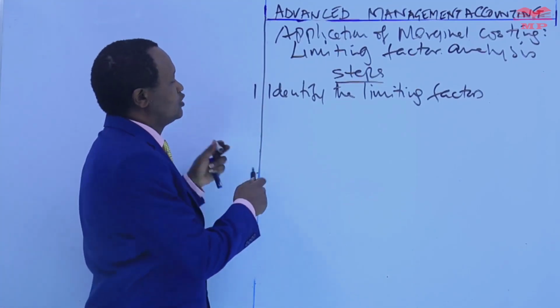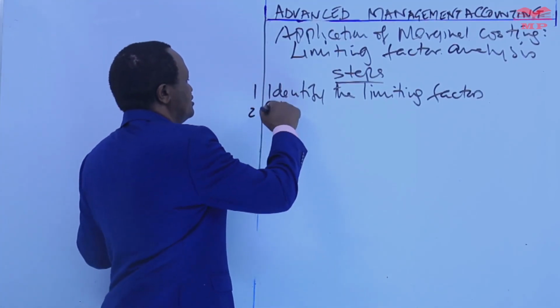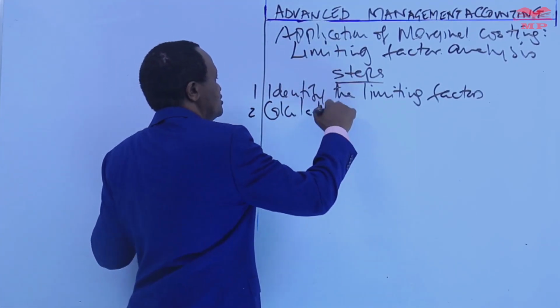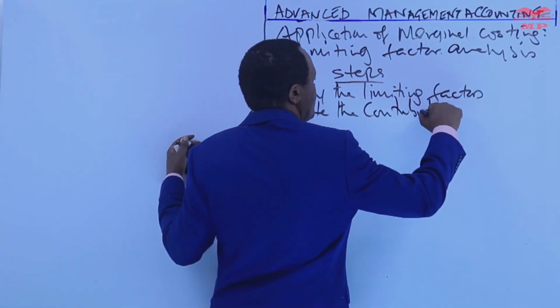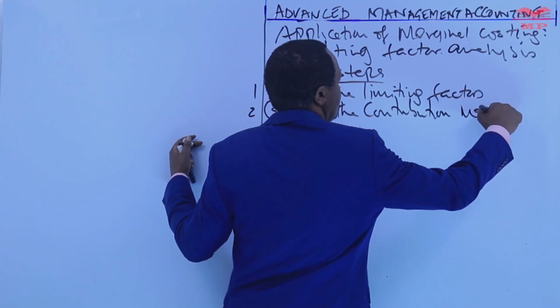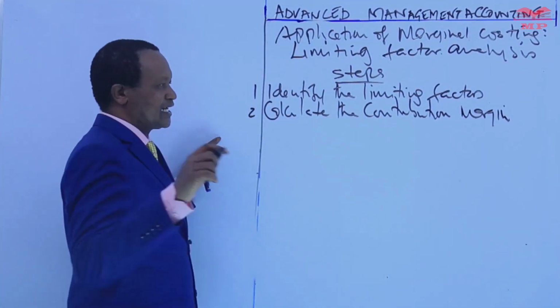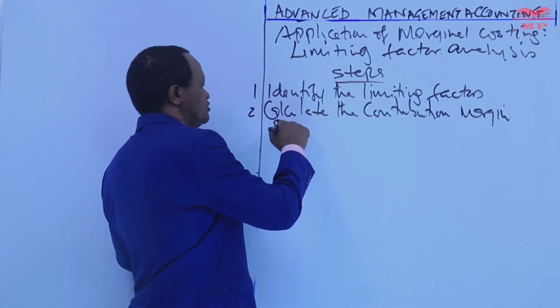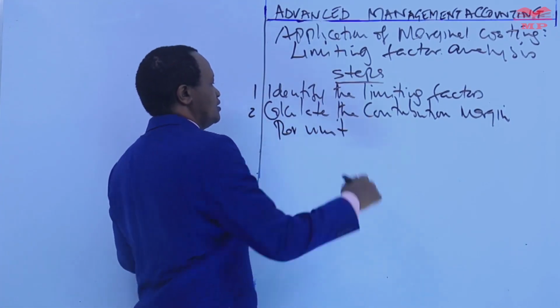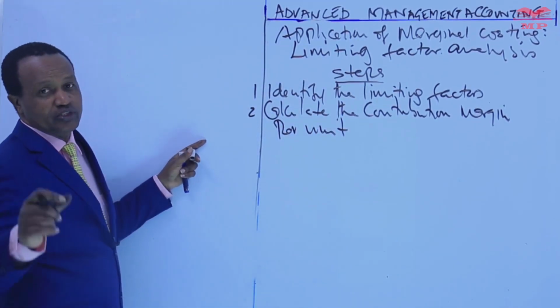Then calculate the contribution margin. Calculate the contribution margin per unit. That is the second step.